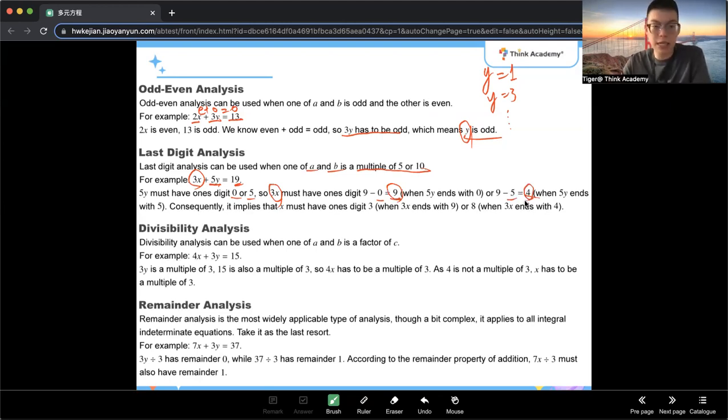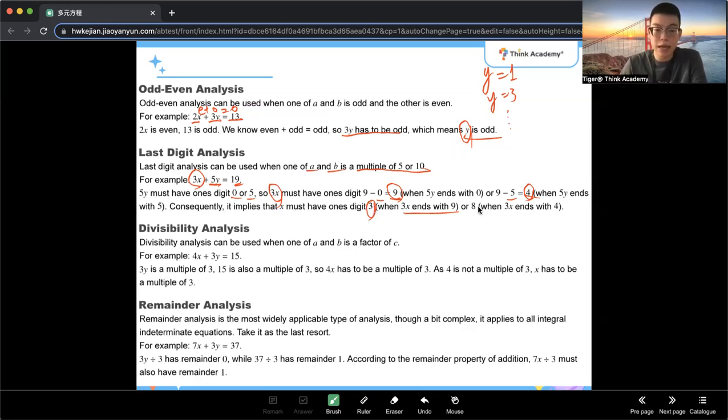Now, under those circumstances, you can just divide anything that ends with a 9 or 4 by 3 to see what x ends with. So we can see that x must end with 3 when 3x ends with a 9, because 3 times 3 is 9, right?